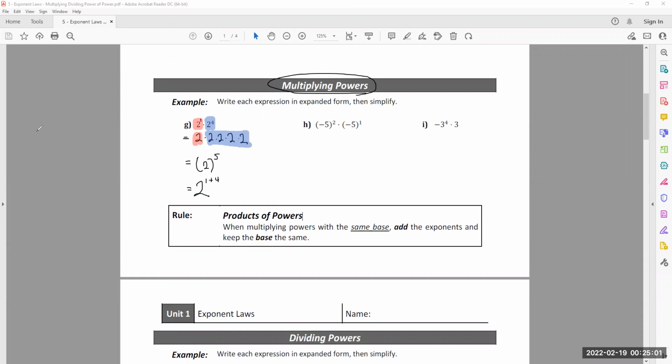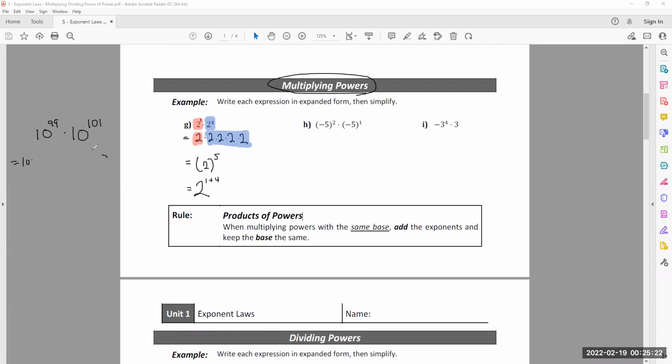Another example. Let's pretend I have 10 to the power of 99 multiplied by 10 to the power of 101. I'm not going to multiply all of that. I'm not going to write 10 times 10 times 10 times 10 times 10. I'm not going to write that 99 times and then do that again 101 times.